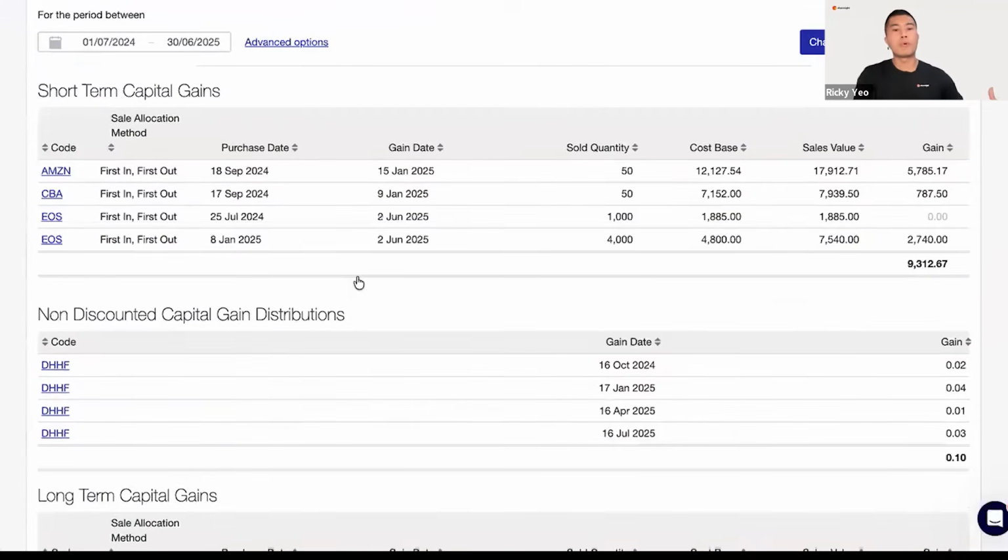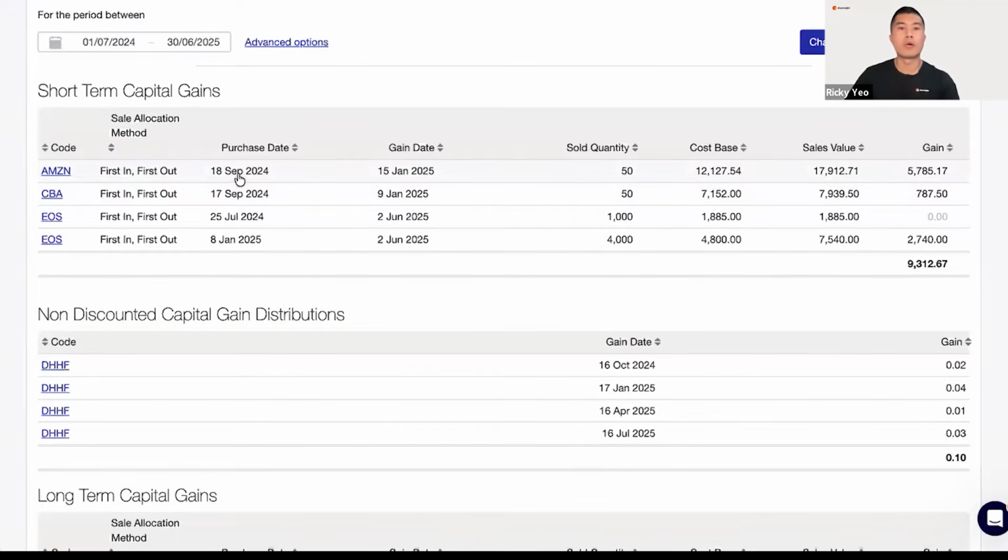When you import all your buys and sells and adjust for any corporate actions and dividend reinvestment, Sharesight will calculate your cost base. When you sell those shares, Sharesight will show you the purchase date, when you sold the shares, how many shares you sold, the cost base, the sale value, and the capital gain.